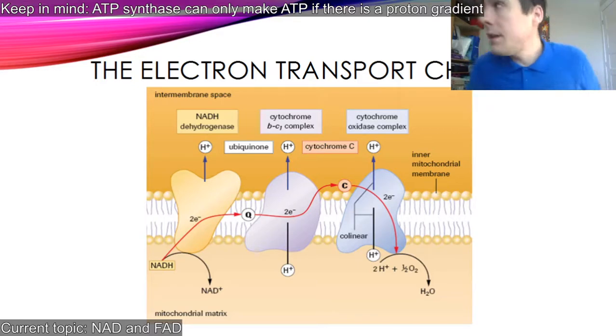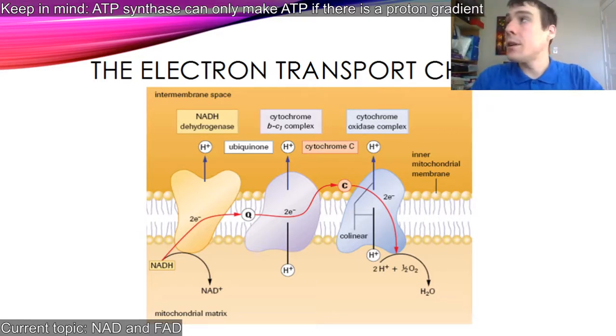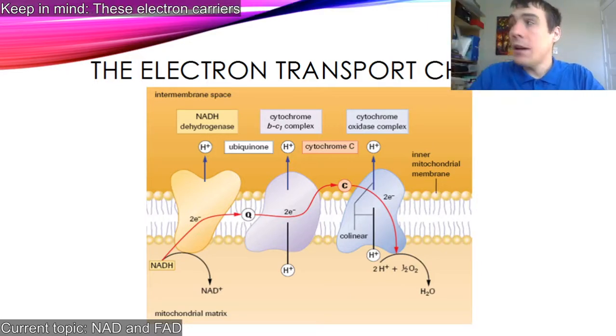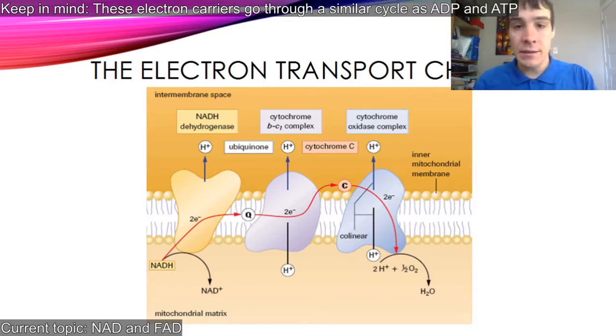So NAD and FAD are what we call the electron carriers. They go through a similar cycle as ATP and ADP. So you're going to see them kind of flip back and forth.